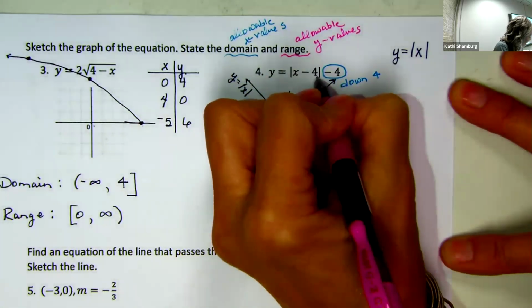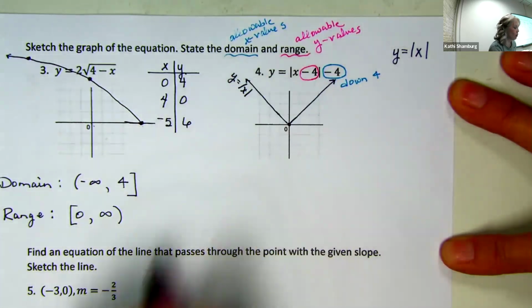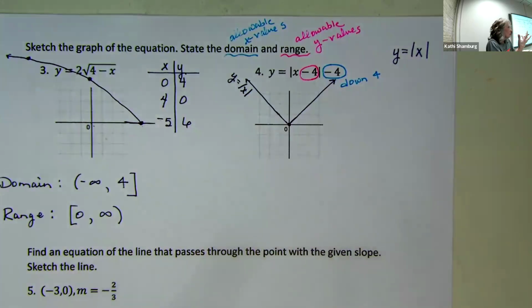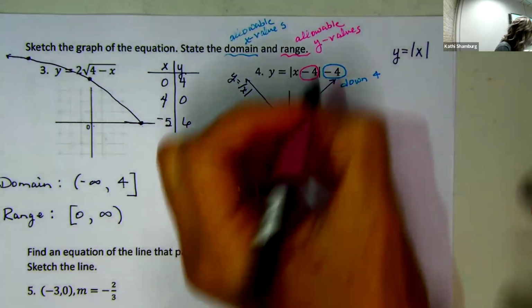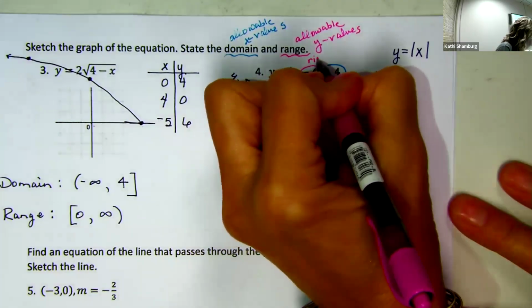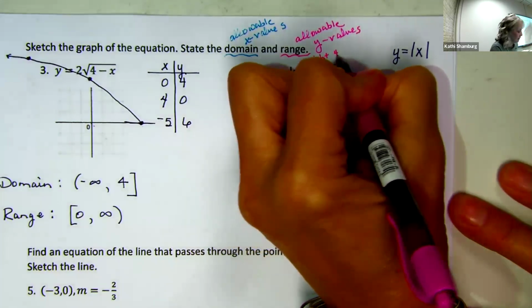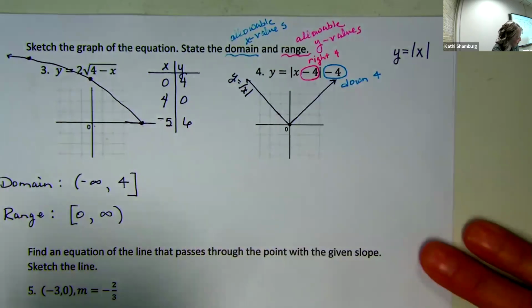So this one here, this is your left or right. Negative would normally go to the left, but this is the one that's counter to that. So this goes to the right 4. All right, so I'm going to go to my origin.